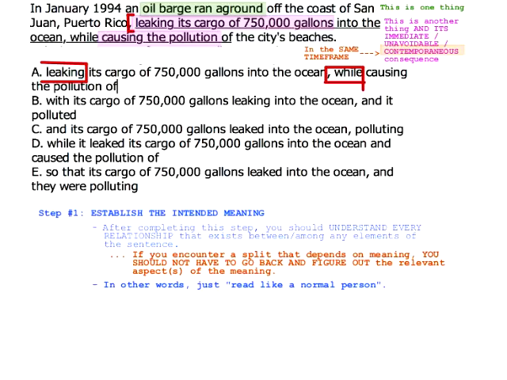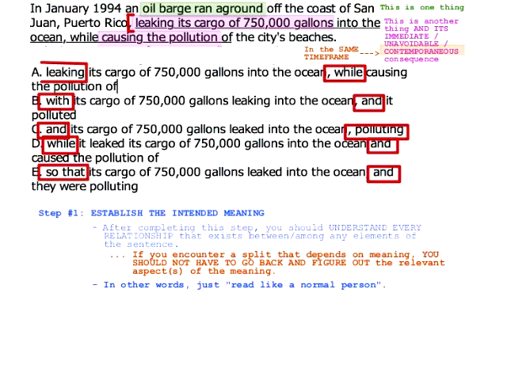Let me make a better box. Okay. They're trying to use comma -ing on the left here, and here's while, here's and, here's with, here's and, here's comma -ing, here's while, here's and, here's and, here's so that.